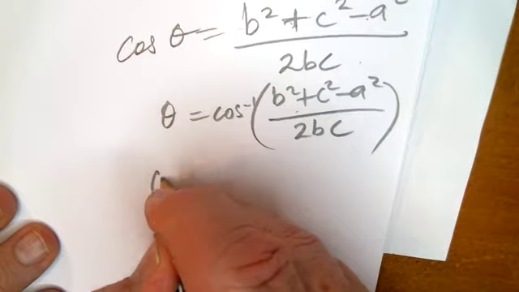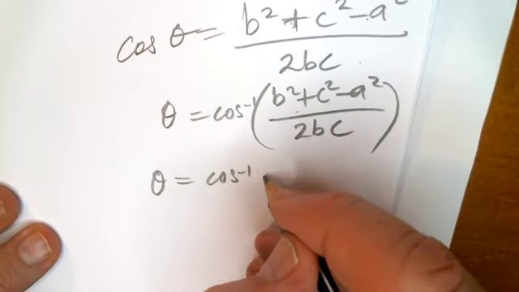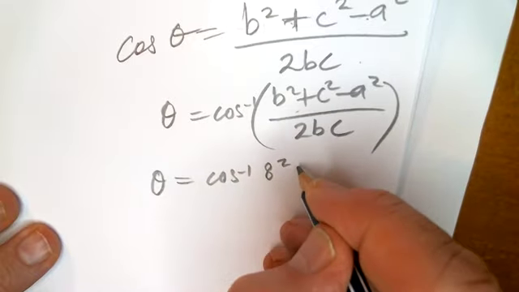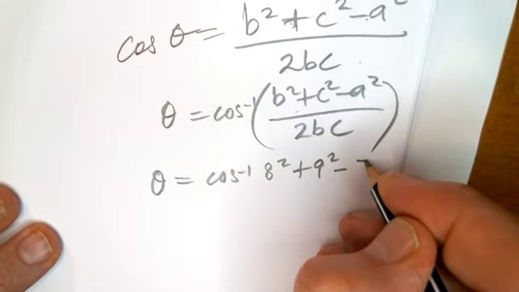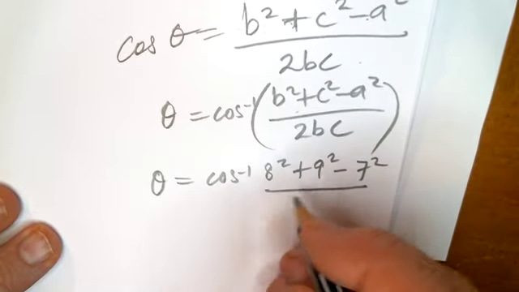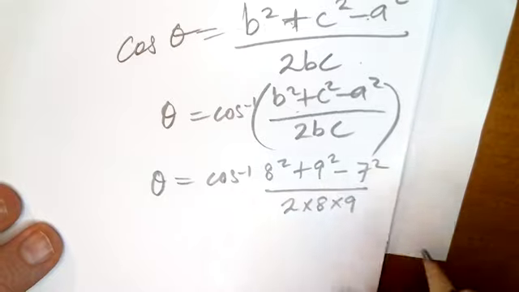But theta now is going to equal arc cos of, and I'm going to call that 8 squared plus, C is 9 squared minus 7 squared, all over 2 times 8 times 9.